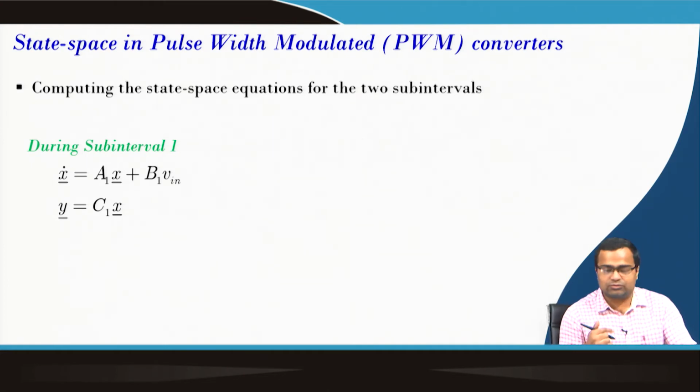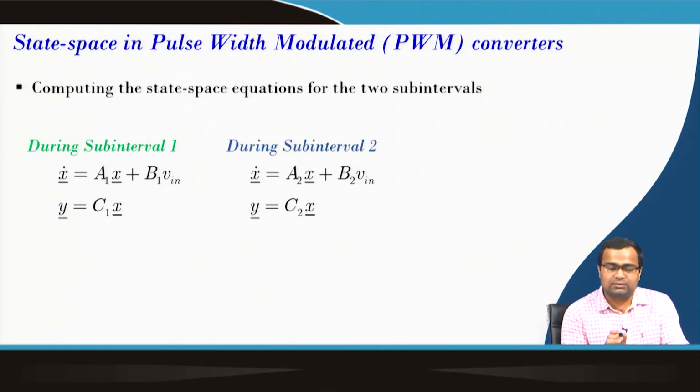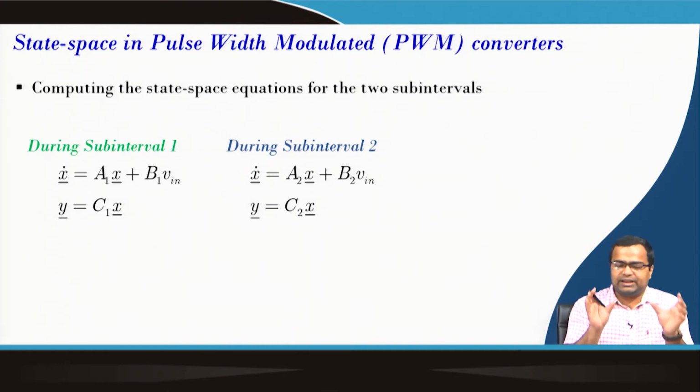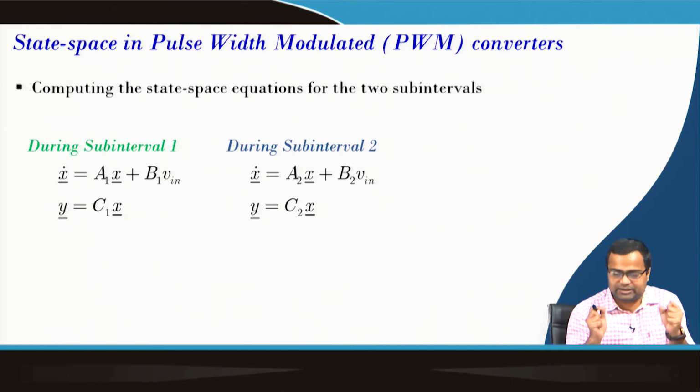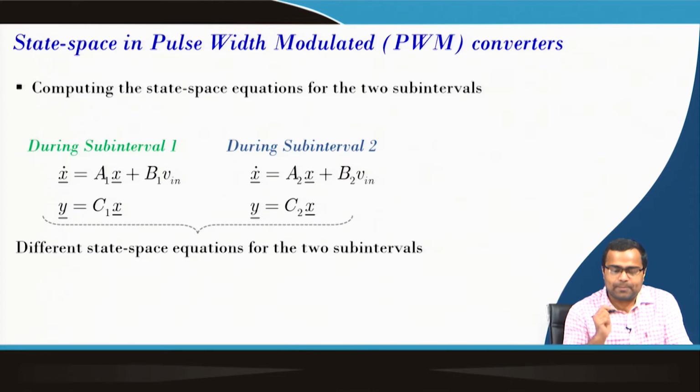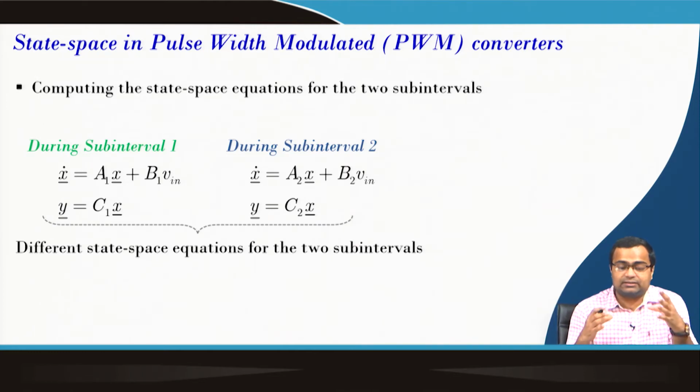So, we have to write down sub interval 1 and sub interval 2. For each sub interval, we have to write the dynamical equation and then arrange it in the state space format. Then we will find the state space model should be different for the two sub intervals, because if they are identical, then there is no switching action.